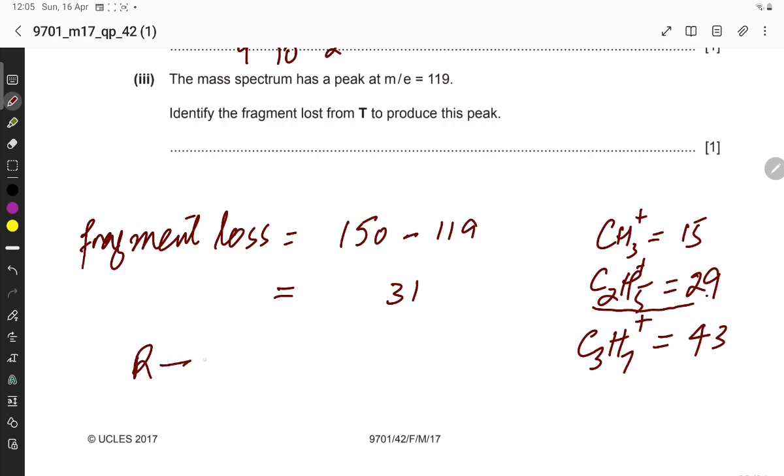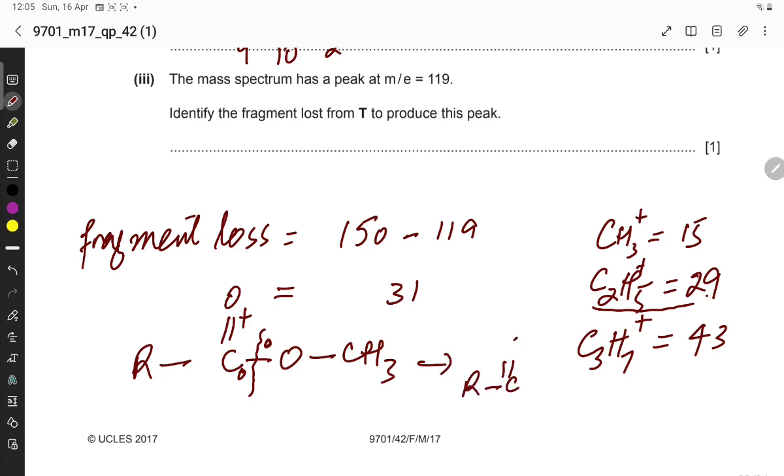If it is an ester, this is C double bond O, we start from one carbon, this is O and this is CH3. So if an electron is lost from this region, this is the molecular ion.